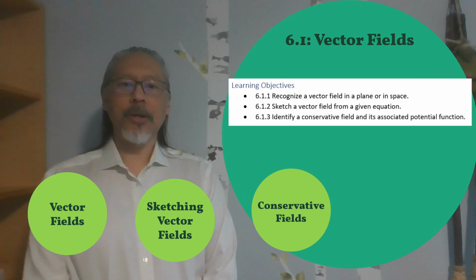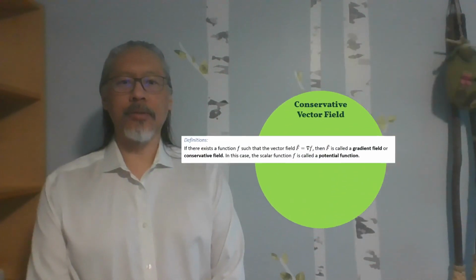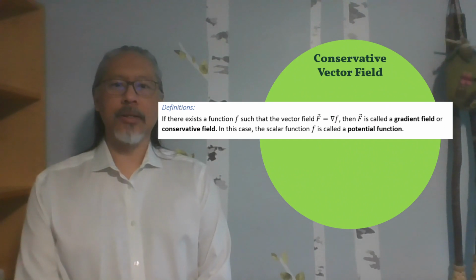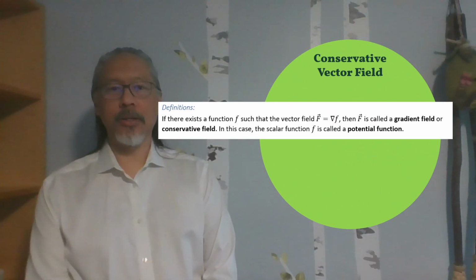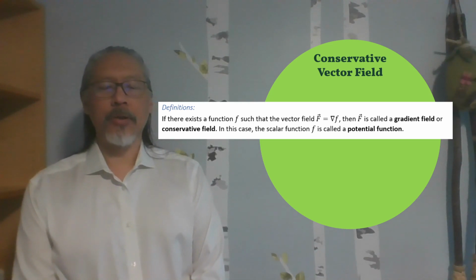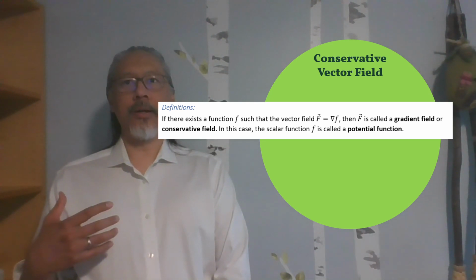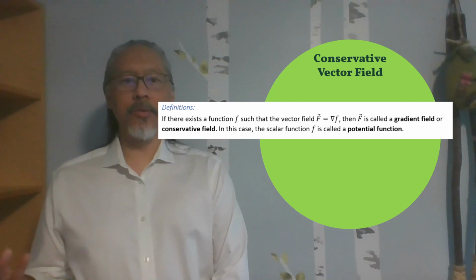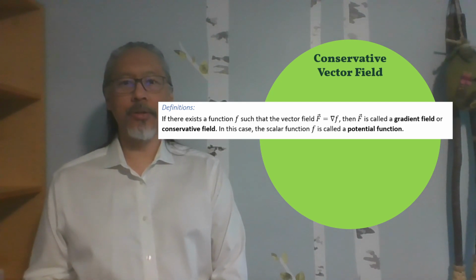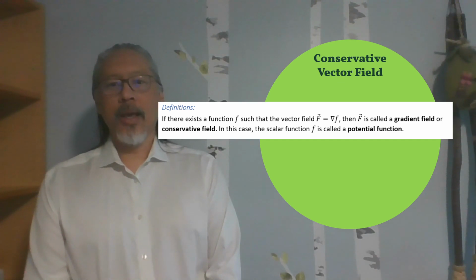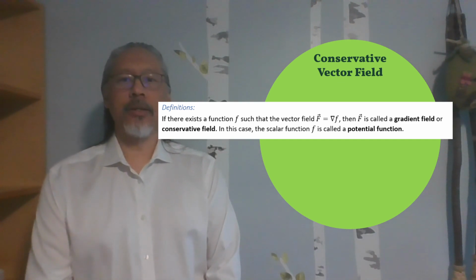One type of special vector field is called a conservative vector field. There's a relationship between vector fields and the gradients that we studied before. If you remember, the gradient is an output of a derivative of a multivariable function, a function of two or three variables, and you put the derivative in each of the slots of the vector.